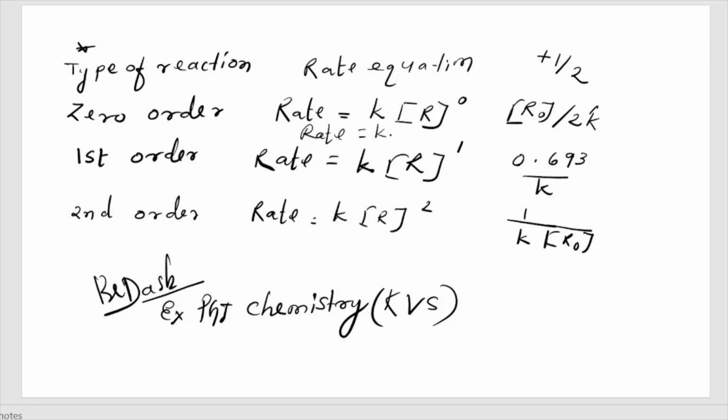And second order, rate equals k r to the power 2. So this is the second order. What is the T half here? 1 by k r0, where r0 is the molar concentration. So this is the rate equation and T half value for zero order, first order and second order.